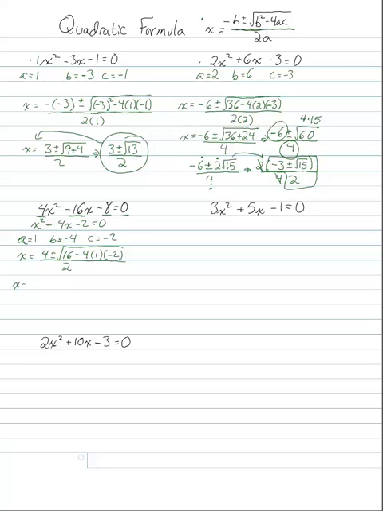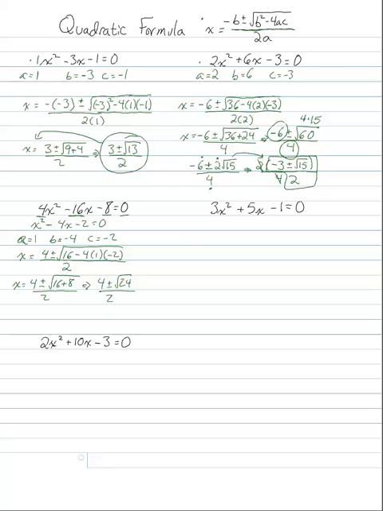So x equals 4 plus or minus square root of 16 still, minus 4 times 1 is minus 4 times the minus 2 would be plus 8, all over 2. So 4 plus or minus square root of 24 over 2.